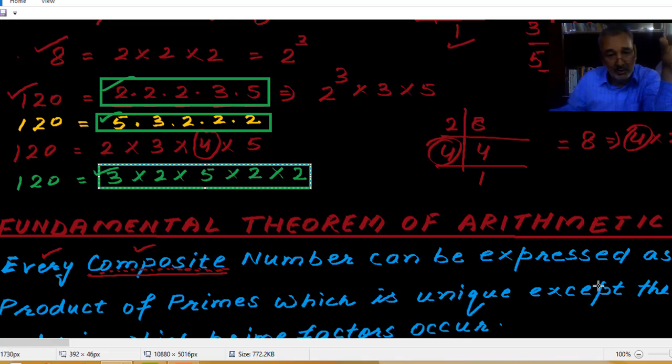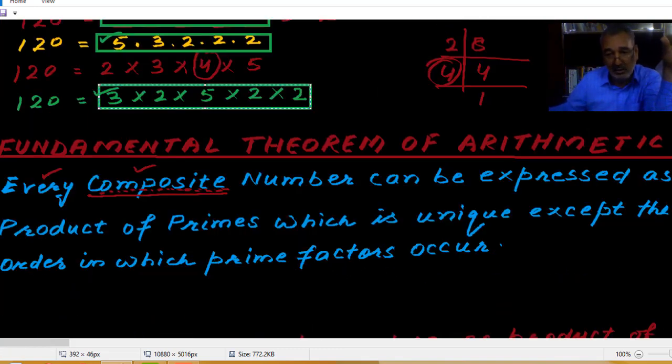So accept the order in which prime factors occur in the prime factorization of a number. Generally we take the order in increasing order. I am writing 2 first, 3 and then 5. Higher primes are given a space towards the right.